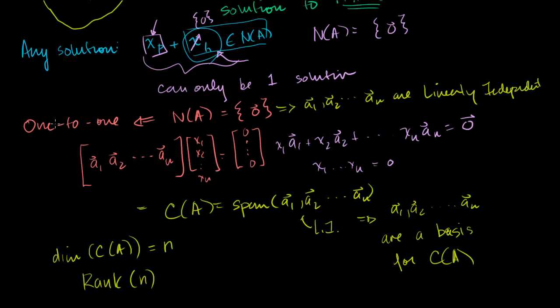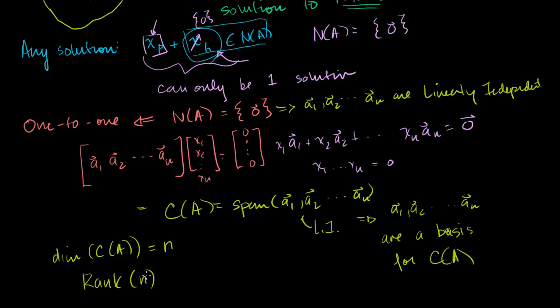If you assume something is one-to-one, then that means its null space has to only have the 0 vector, so it only has one solution. If its null space only has the 0 vector, then that means its columns are linearly independent, which means that they all are part of the basis, which means that you have n basis vectors, or you have a rank of n. You could go the other way.